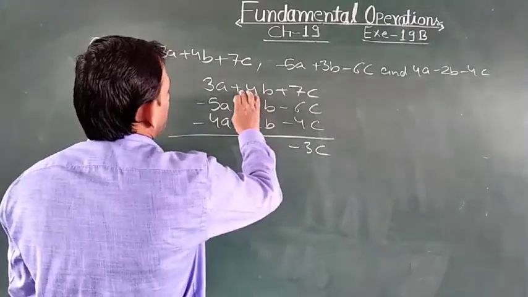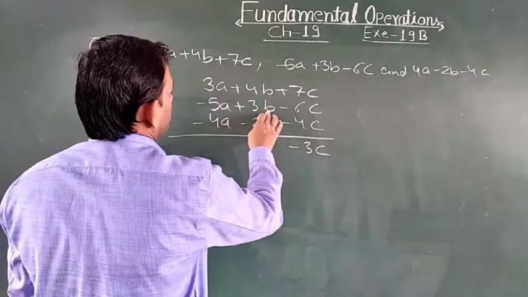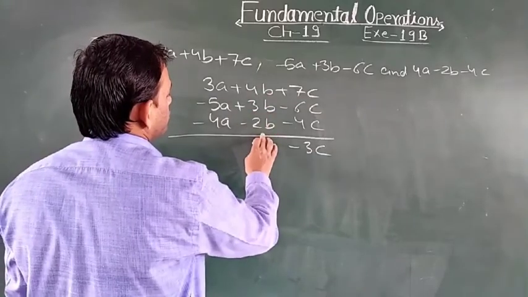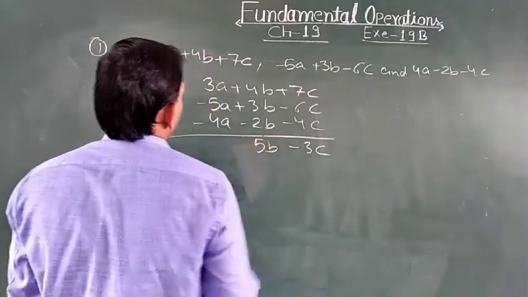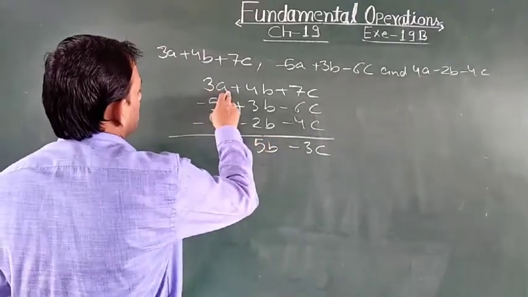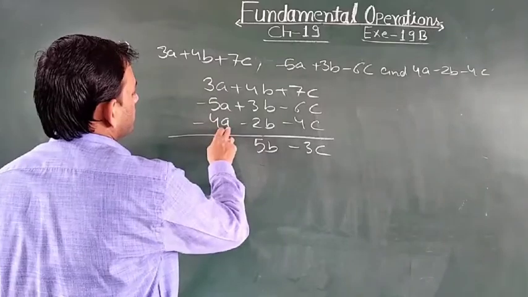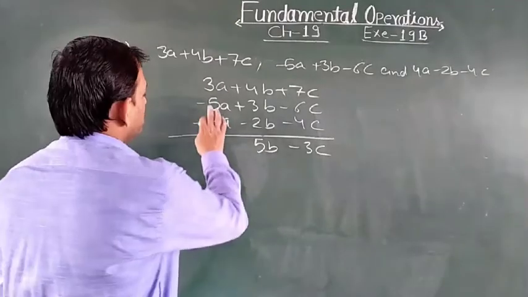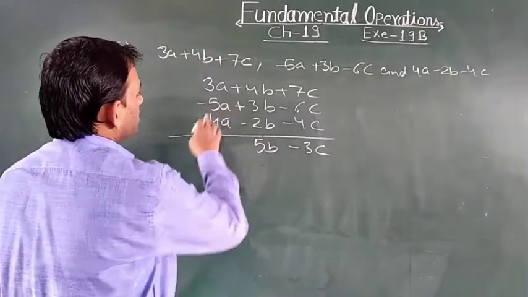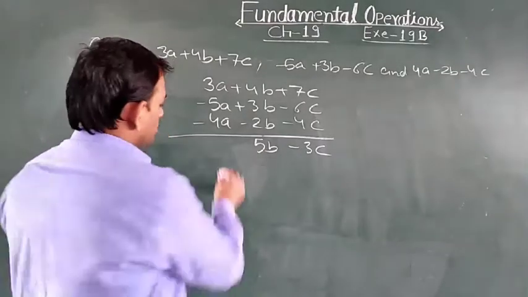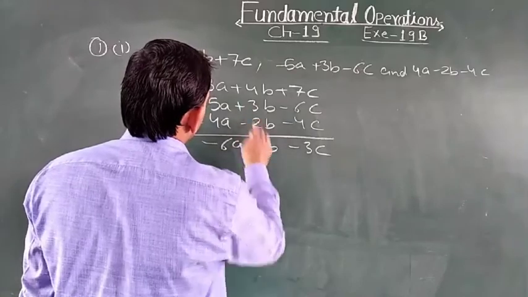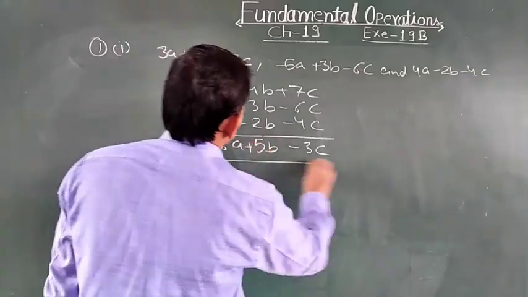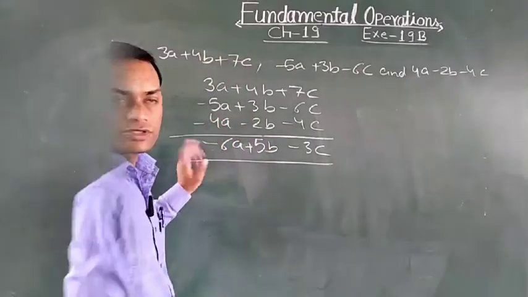Now here plus 4b plus 3b, 7b minus 2b, 5b. Okay, now here 3a minus 5a and minus 4a, minus will be added. It will be minus 9a, and plus 3a minus 6a. It will be on the positive side. Okay, so this is the answer of this question.